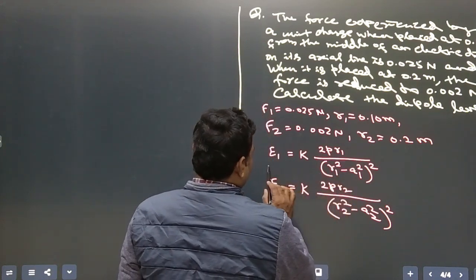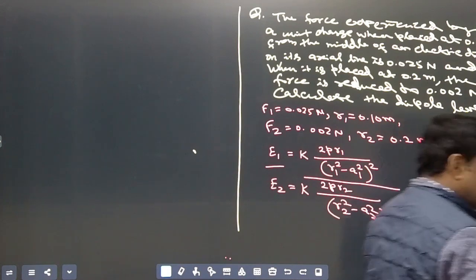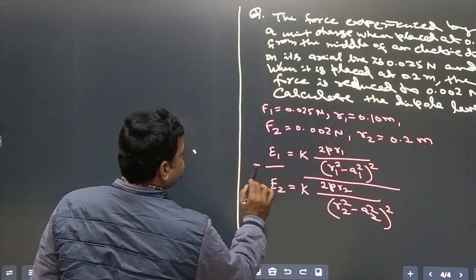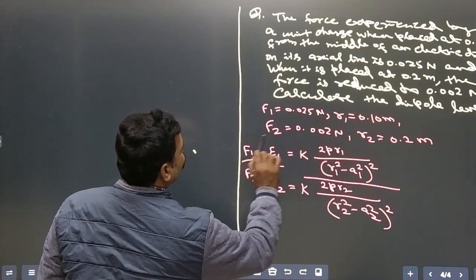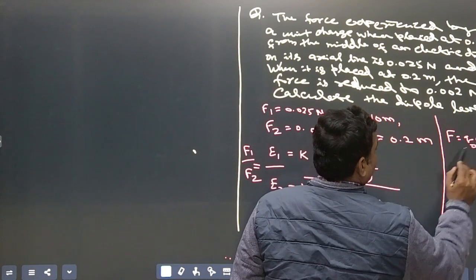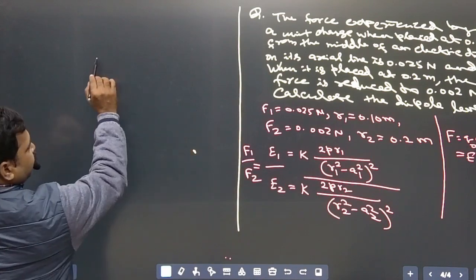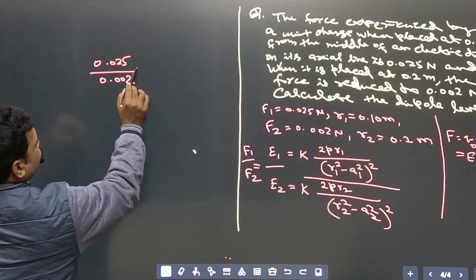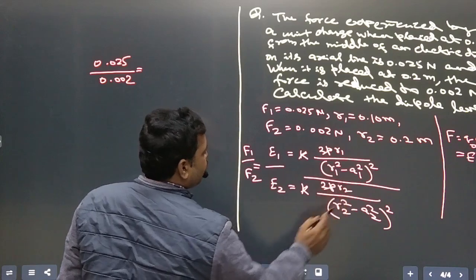So now dividing this by this, what we will get? Here you can see E1 upon E2. So in this case for E1 we can write F1, as already I have discussed, that F is equal to Q into E. So here Q naught is equal to 1, so the F is equal to E. So F1 by F2, as per the question, is 0.025 upon 0.002, which will be equal to, here this will be cut, so we'll be getting R1 by R2.